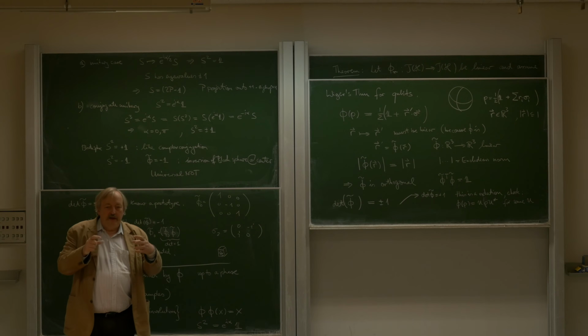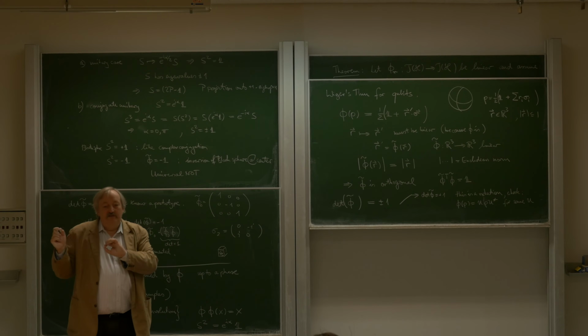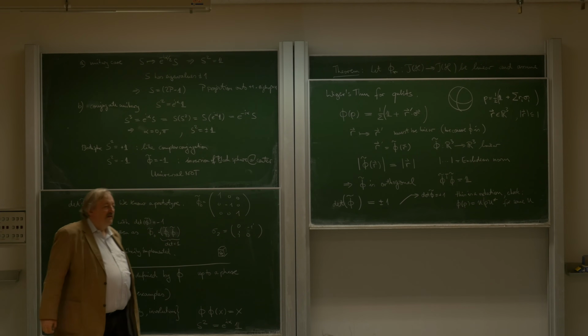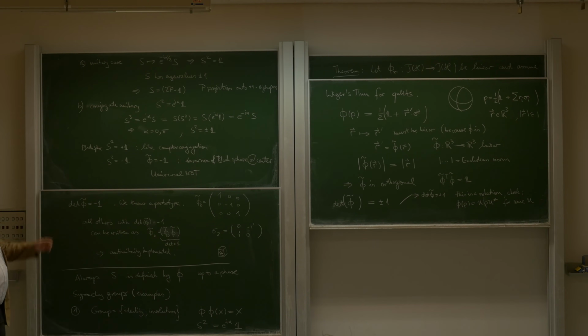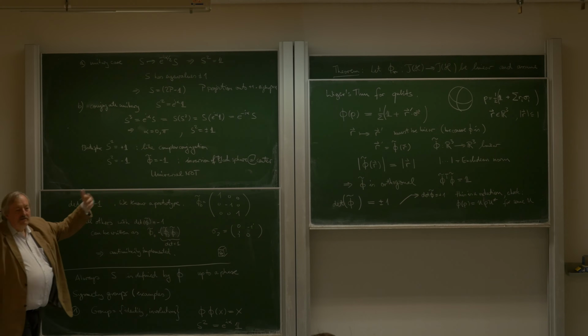If you take S squared, then you would have e to the I alpha S, e to the I alpha S, right? If you try to rotate S by a phase. But the e to the I alpha, which is between the two S's, comes out as e to the minus I alpha and cancels the other one. So you cannot actually fix this factor by putting a phase on.